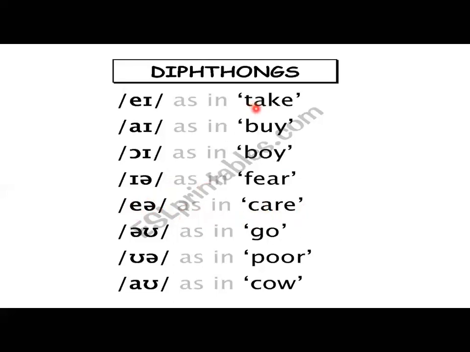In the word take, a is pronounced as ay, and in the word care, a is pronounced as air. The same alphabet is there, here is also a, here is also a, but this a is pronounced as ay, and this a is pronounced as air. Care, share, then fair.